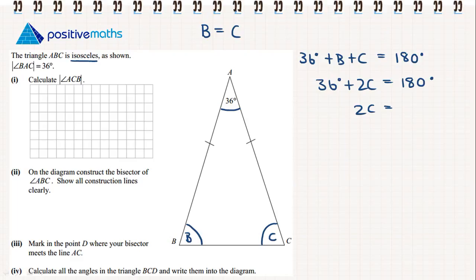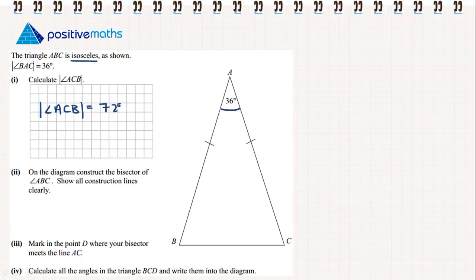So 2C is equal to 180 minus 36, so 2C is equal to 144. So therefore C is equal to 144 divided by 2, which is equal to 72 degrees. So because it's an isosceles triangle, both B and C are equal to 72 degrees.